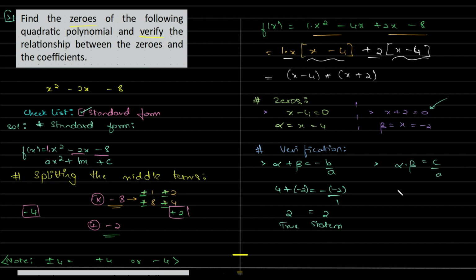We have alpha being 4 and beta being minus 2, which is equal to c by a, that is minus 8 by 1. So the product is minus 8, which is equal to minus 8. This too is a true statement, and hence verified. That's all the question asked for, and we have done it.